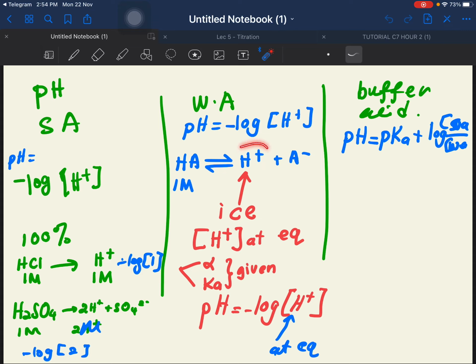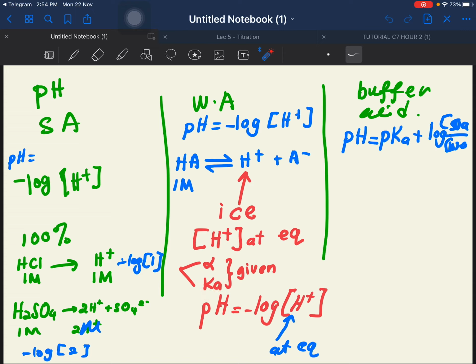Therefore, to find the concentration of H+, we need to construct the ICE table. To solve for the concentration of H+, we are given either the percentage ionization or the Ka.